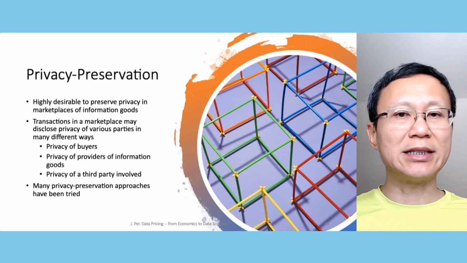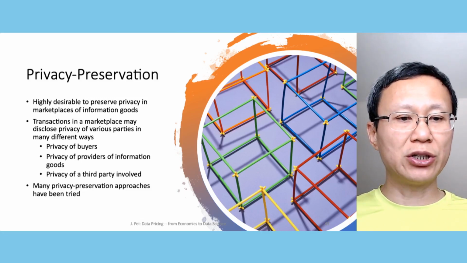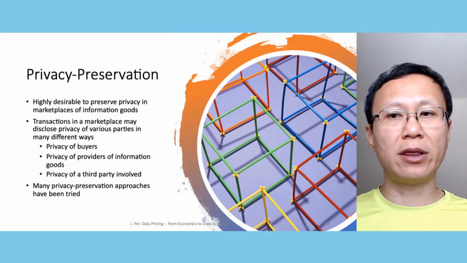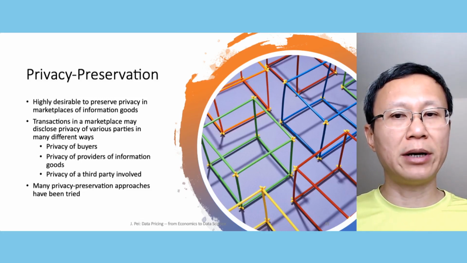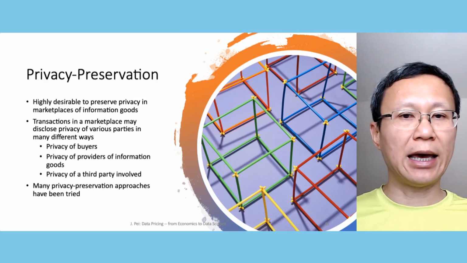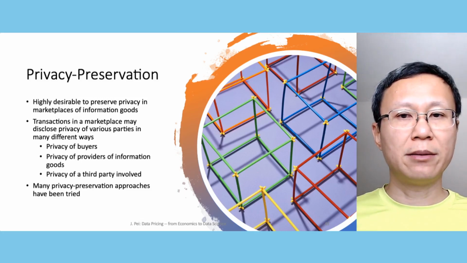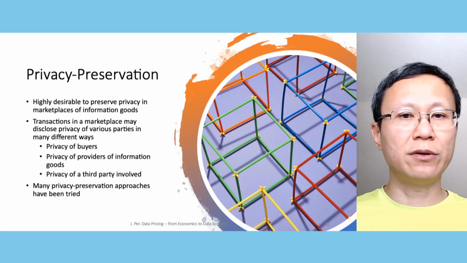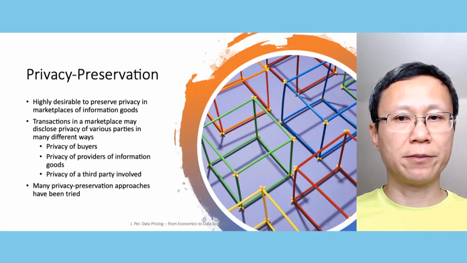To protect privacy in marketplaces of information goods, various directions are being explored, such as hiding the information about what, when, and how much a buyer purchases, building decentralized and trustworthy privacy-preserving data marketplaces, investigating the trade-off between payments and accuracy when privacy is present, and aggregating non-verifiable information from a privacy-sensitive population.